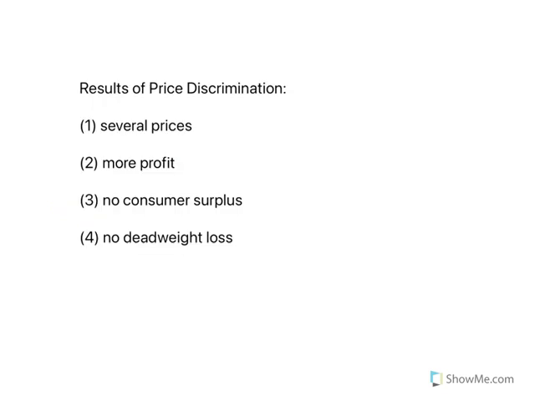Then we've got no consumer surplus. Why is that? Because remember, consumer surplus is the difference between what a consumer is willing to pay and what they actually pay. Well, if every consumer is willing to pay what they actually pay, then consumer surplus is $0. And one really interesting thing with a price discriminating monopoly is there's no deadweight loss.